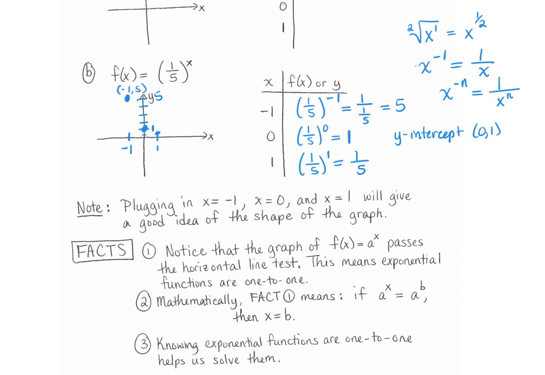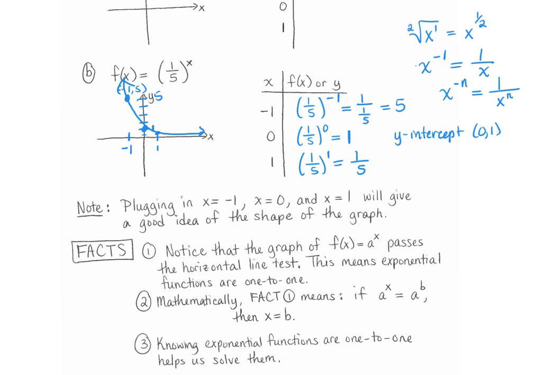And so notice that this graph, once you connect everything, we can connect it a little better, right? Notice that that's the graph. And notice that it's falling from left to right.